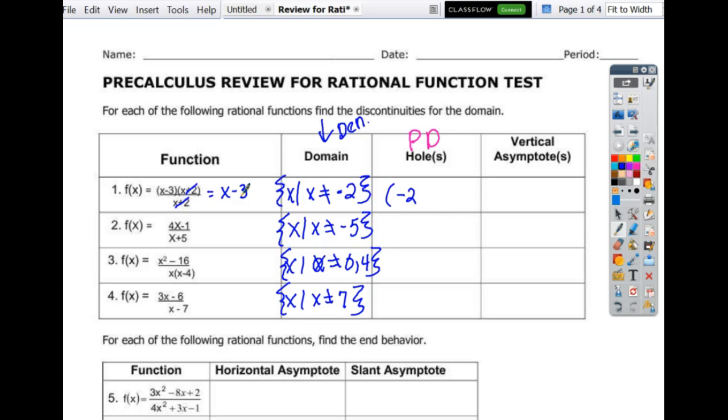So -2 minus 3 is -5. So my point discontinuity is (-2, -5). And now it's asking for the vertical asymptote. So this is the only one we do before it's reduced. So I reduced. Is there anything in the denominator? So this is a none.